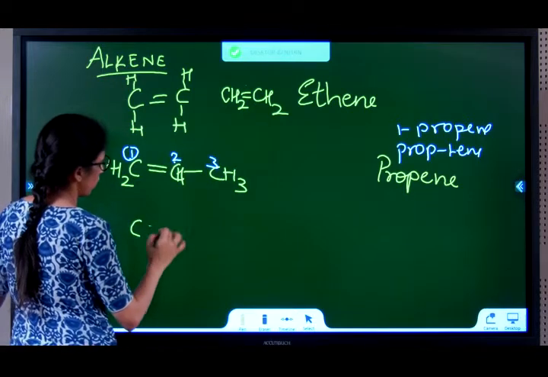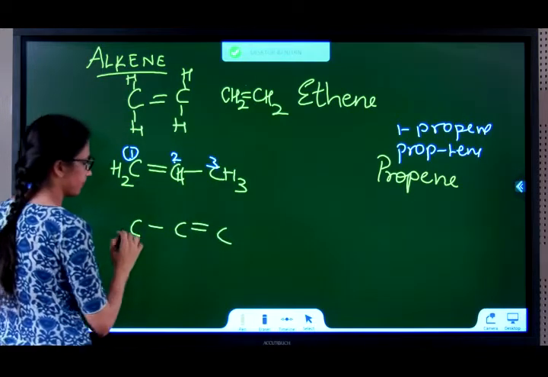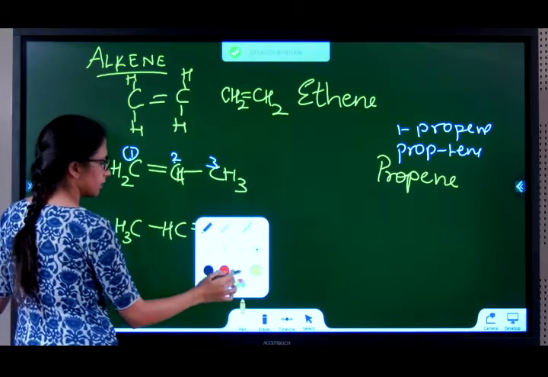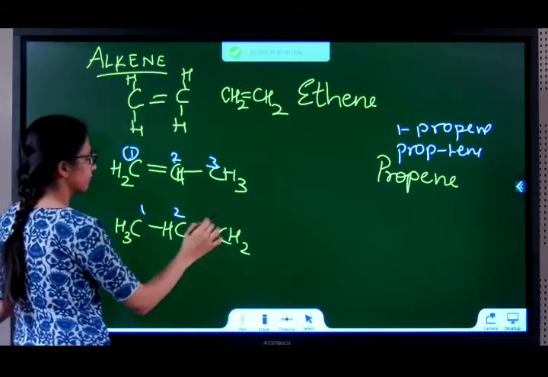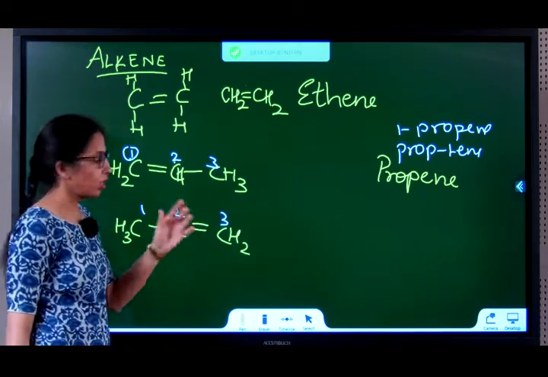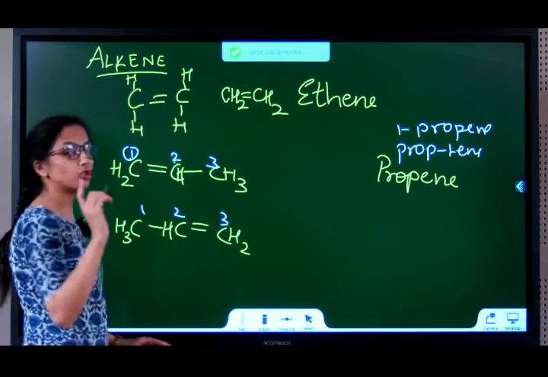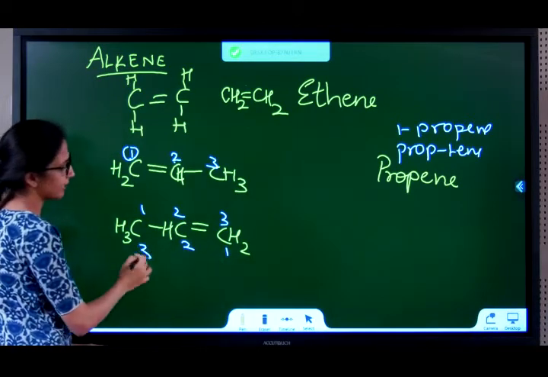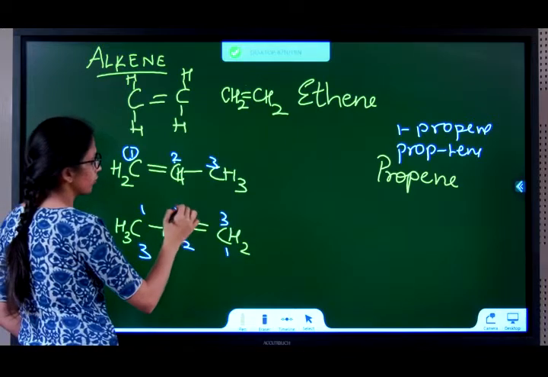Now, what if I put the double bond here? Then will it become 2-propene? Double bond between 2 and 3, lower number 2, or prop-2-ene? No. Why? Because you should choose the lowest number. Numbering is also valid like this. If you choose 1, 2, 3 here, this is 2.